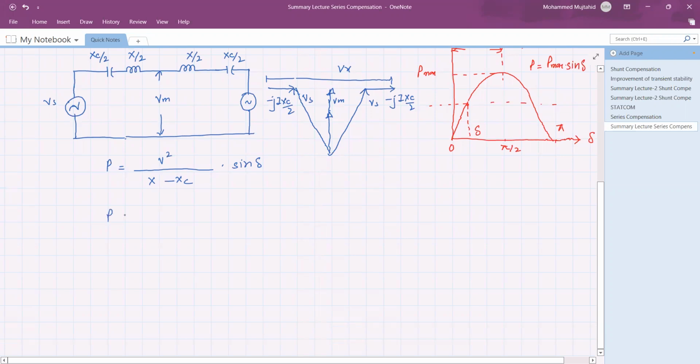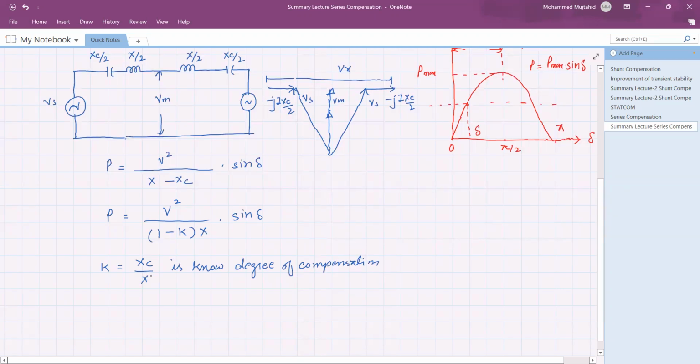It may be written as P is equal to V square divided by 1 minus K into X into sine delta, where K is equal to Xc upon X, and it is known as the degree of compensation.